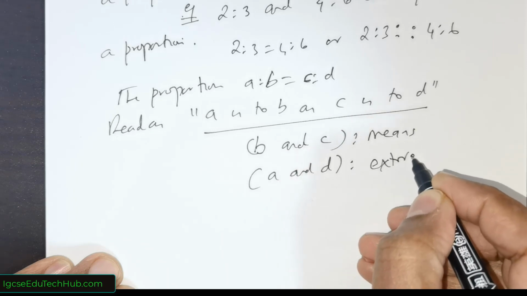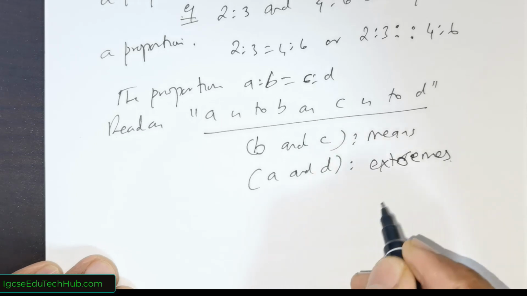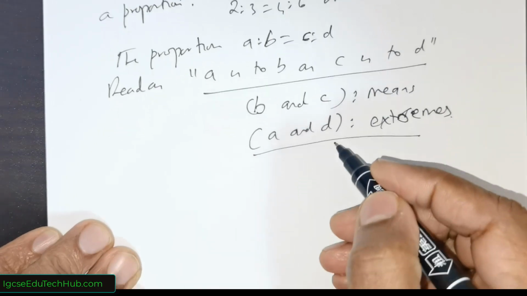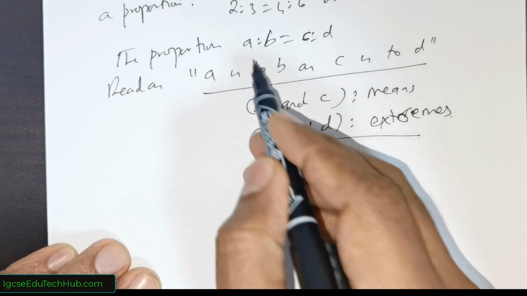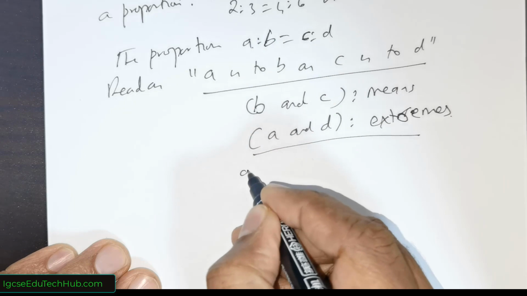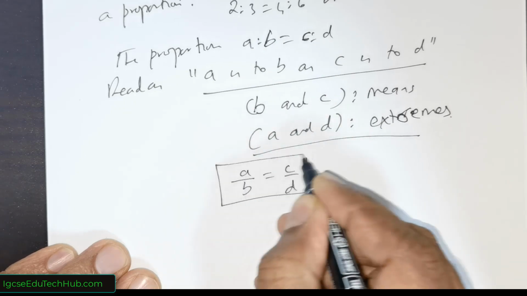These are some terminologies you will have to know. Now the above proportion A is to B equal to C is to D can be rewritten as A over B is equal to C over D.